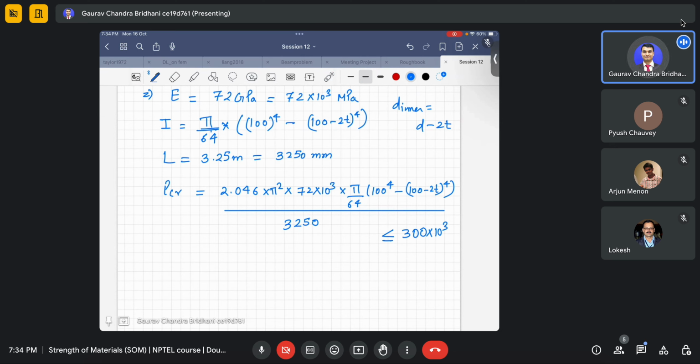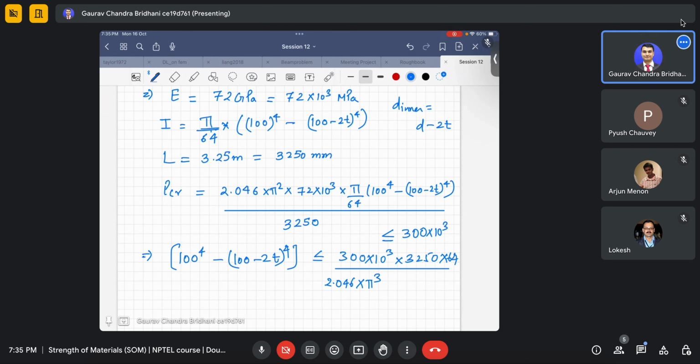So if I need to find the value of 100 power 4 minus (100 minus 2t) power 4, this should be less than or equal to 300 into 10 to the power 3 into 3250 divided by 2.046 into pi cube into 72 into 10 to the power 3.